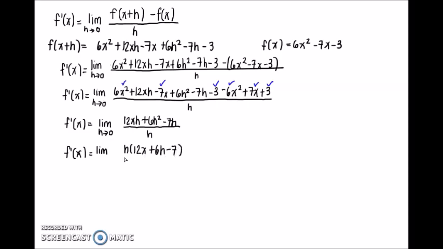So dapat marunong kayong mag-factoring by common monomial factor. So over h as h approaches 0. And then from there, ang gagawin lang natin, we cancel common factors. So this time, cancel natin yung h. So 1, 1.